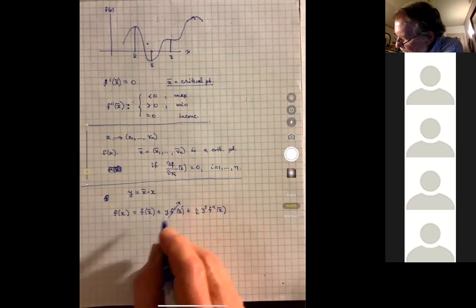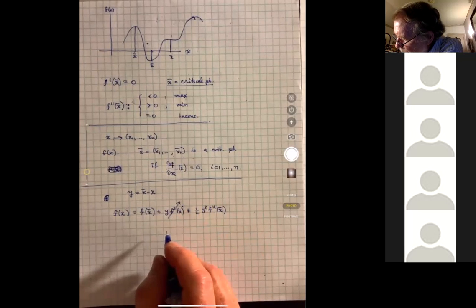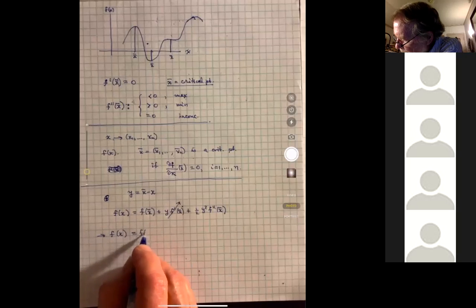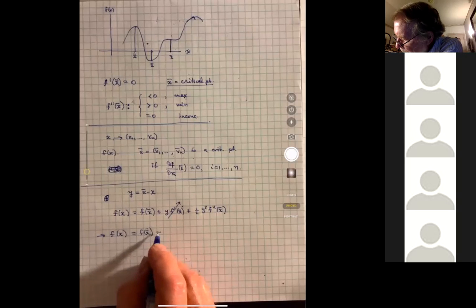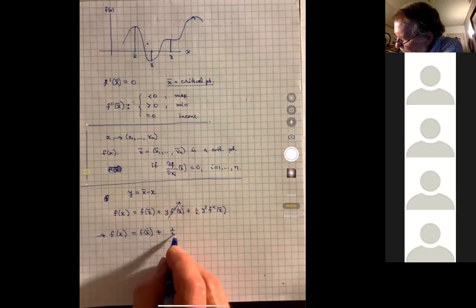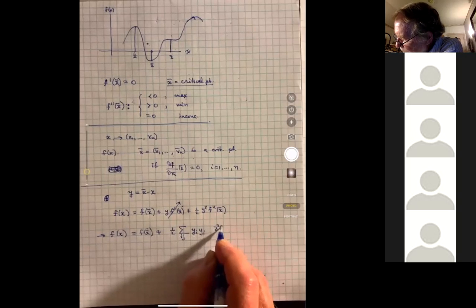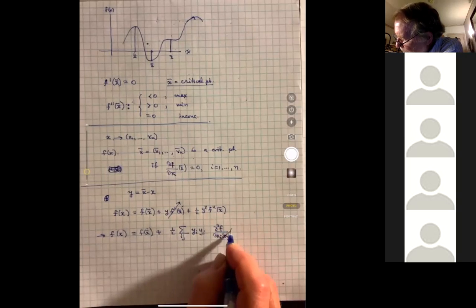But the first term vanishes because that's the definition of a critical point. Let me carry this into a multidimensional notation. f of x is equal to f of x bar, and the second term becomes 1/2 the sum over i and j of y i, y j times the second derivative of f with respect to x i and x j evaluated at x bar.